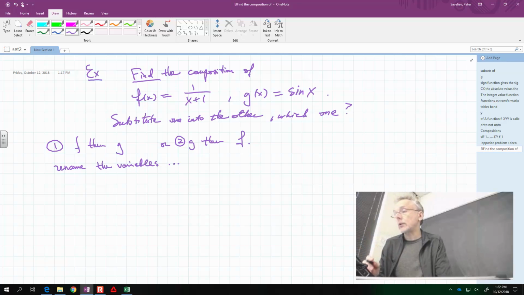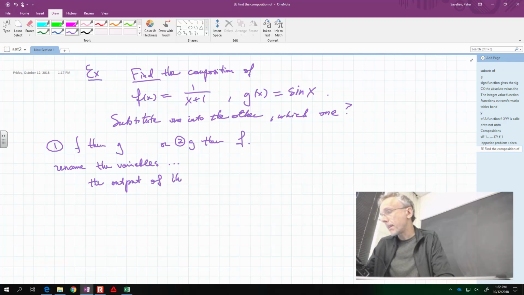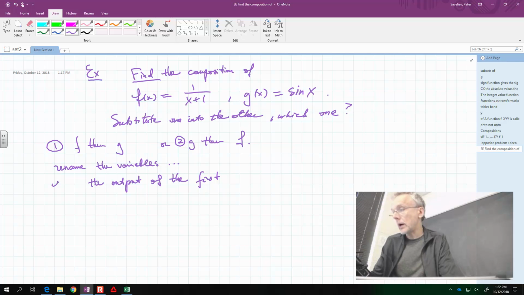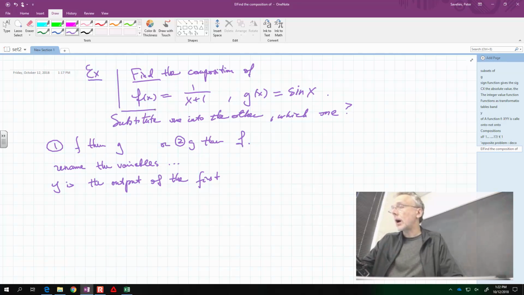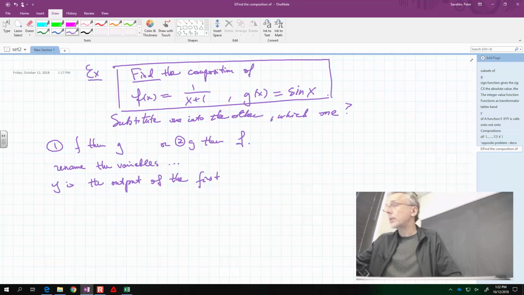So in which way you just make the output of the first called y, or whatever that is. So y is the output of the first, which, as you can see in the original statement, is not present. Y is not present, nor z.